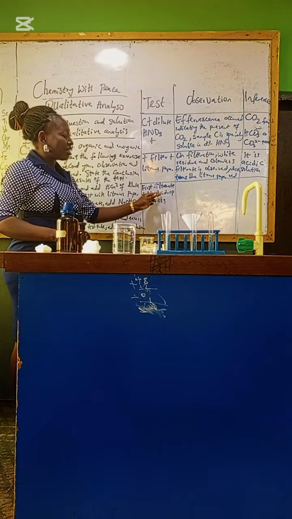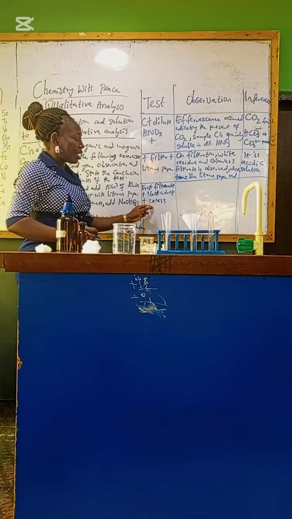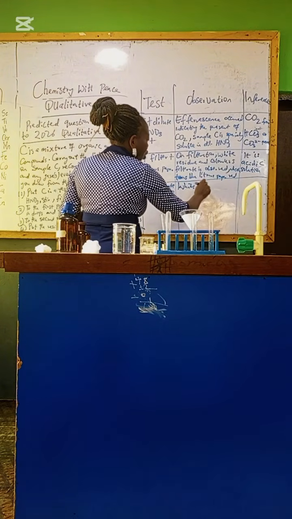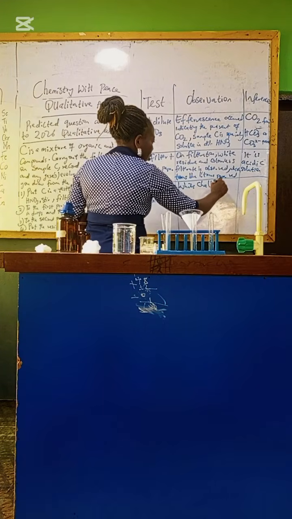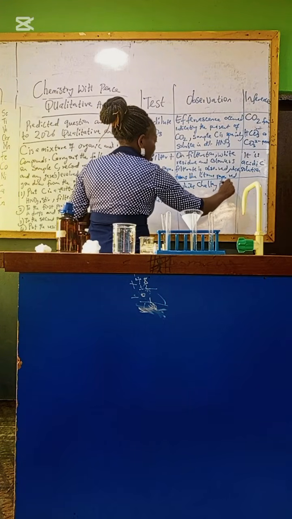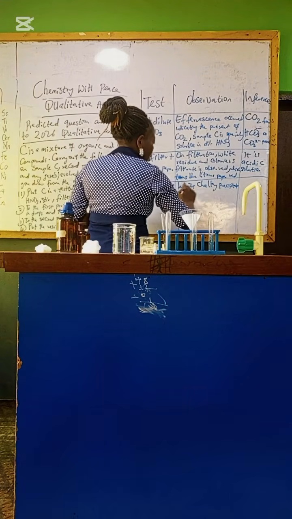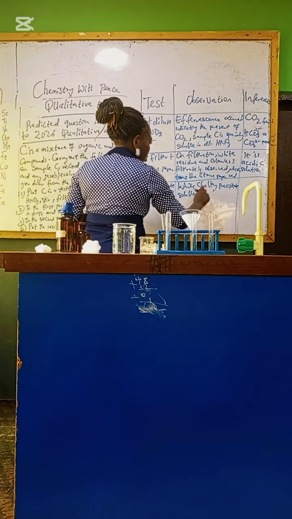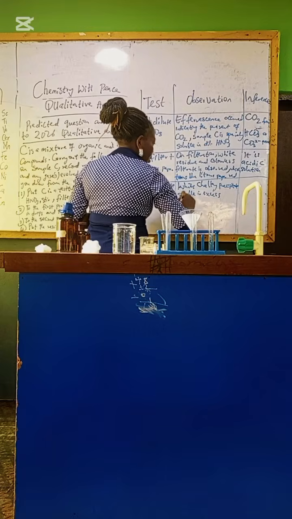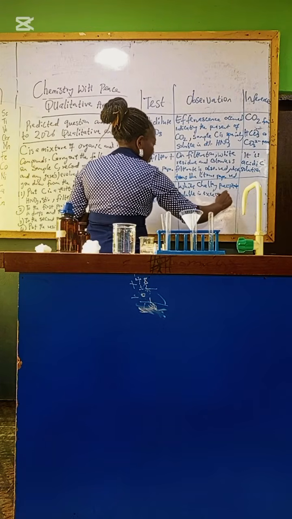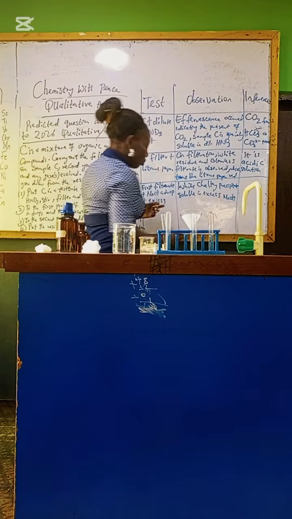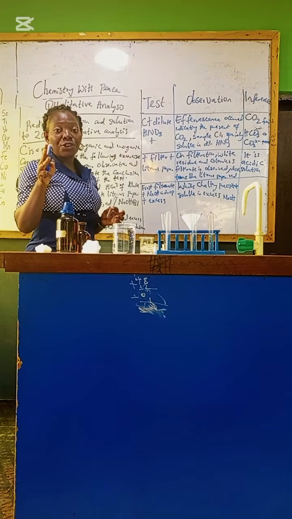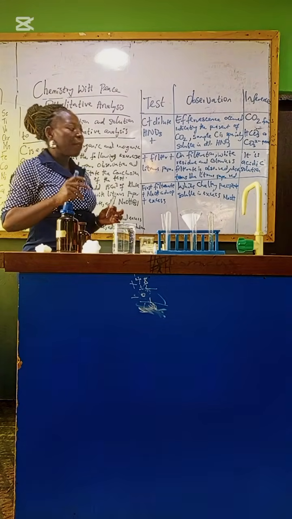Filtrate plus sodium hydroxide in drop plus excess. In the observation, white chalky precipitate is formed. When we added it in drop, it gave us white chalky precipitate.